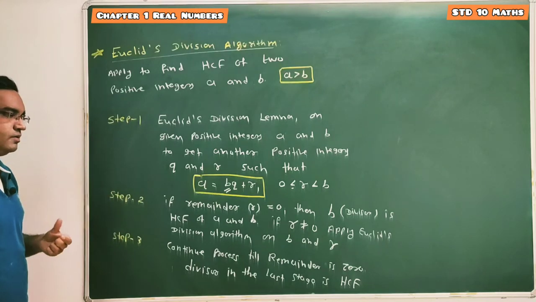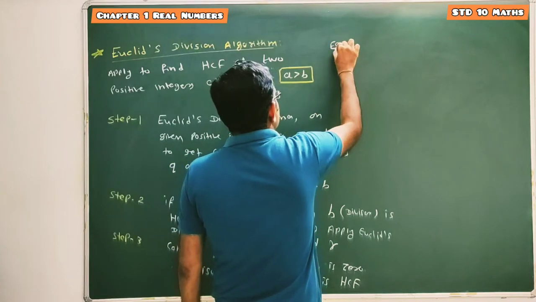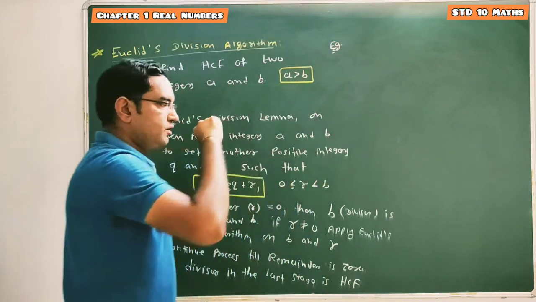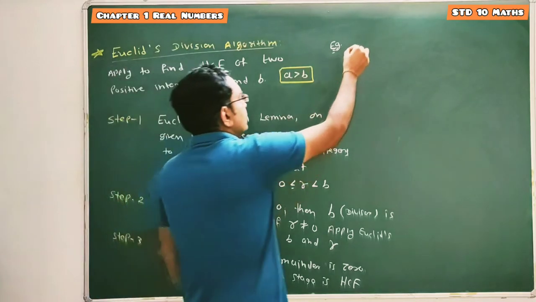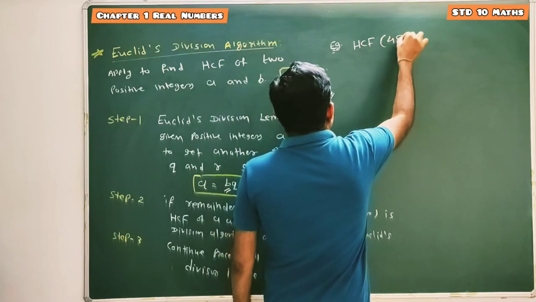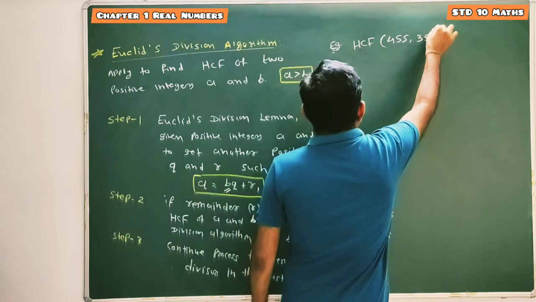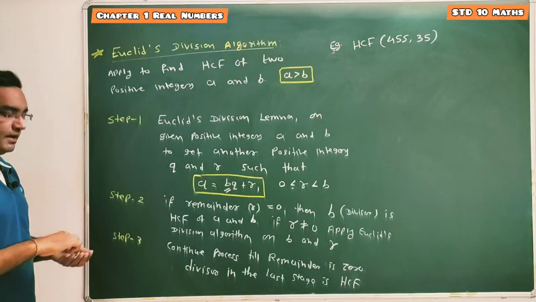To understand this well, let's consider one example. We will try to understand the process through an example. So here we will find the HCF of two numbers 455 and 35. Now we will apply Euclid's division algorithm to find the HCF.